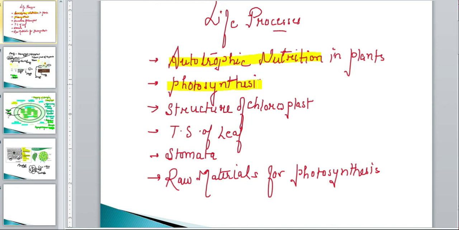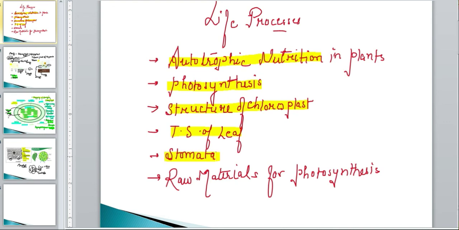Raw materials are equally important as the question. The structure of chloroplast I have let you know. For the TS of leaf I have shown, right? The TS of leaf is basically for showing the mesophyll cell, the photosynthetic tissue where the photosynthesis occurs. We have seen the structure of the stomata.